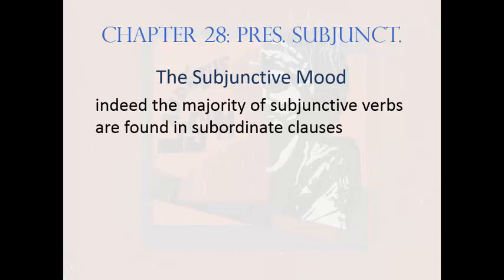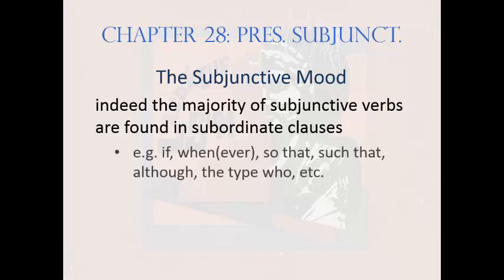The result is that by classical Latin, in the 1st century BCE, half if not more of subjunctives are found in clauses, many of which don't contain any dramatically uncertain sense, clauses that begin if, when, or whenever, so that, such that, although, the type who, along with quite a few others. That's why you haven't seen sentences with these sorts of clauses in them so far.